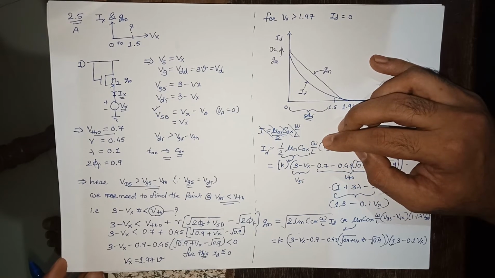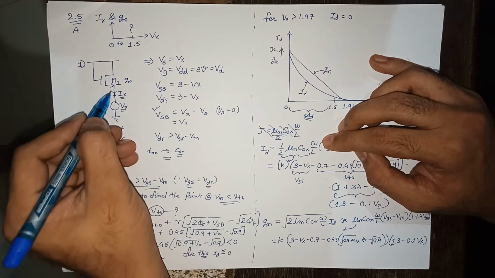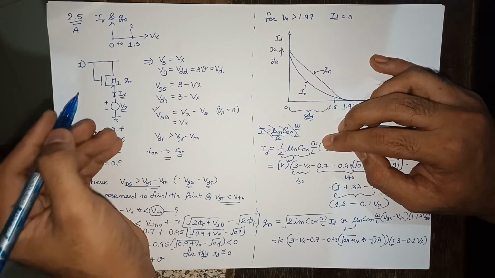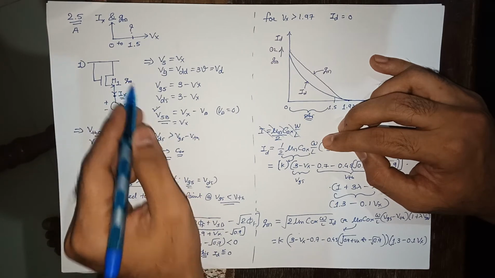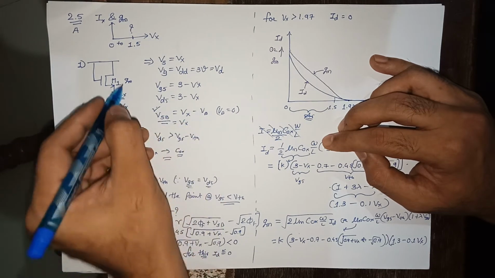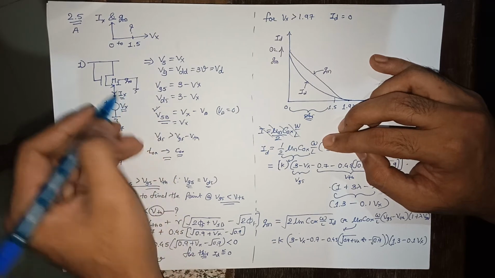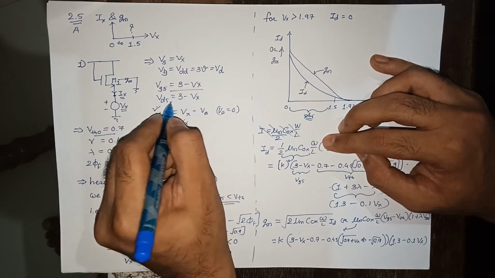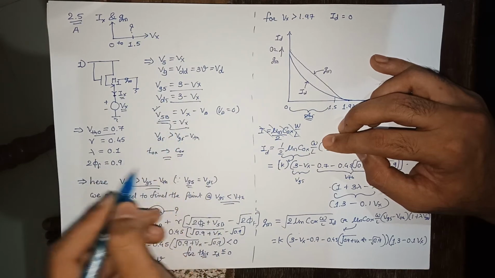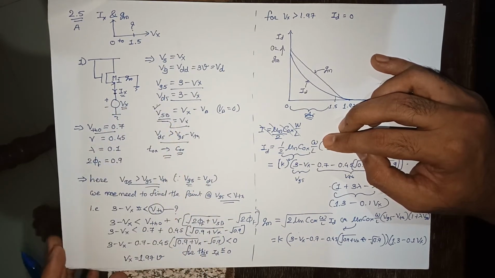Okay, so Vs is Vx as I told. Then VSB, that is source to body, will be Vx minus VB. VB is connected to ground, so VSB will be Vx. This is one important point. You need to consider this.